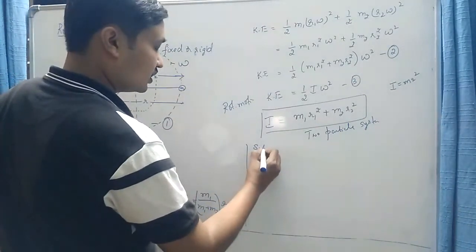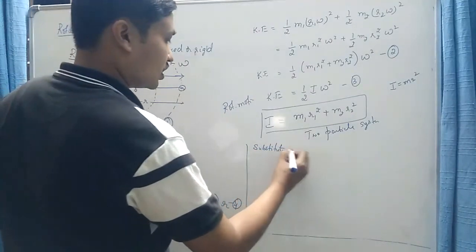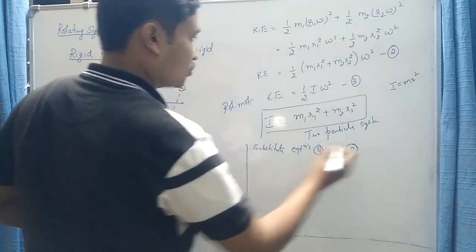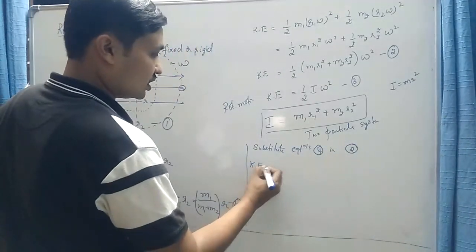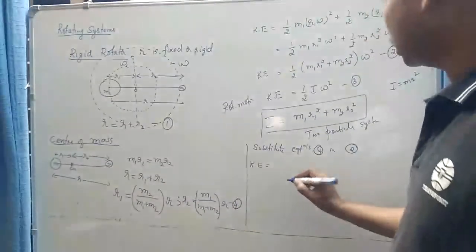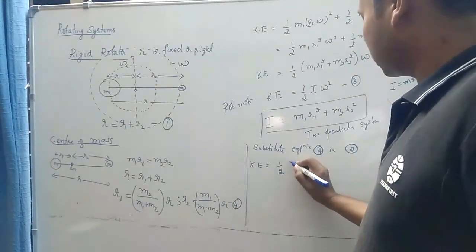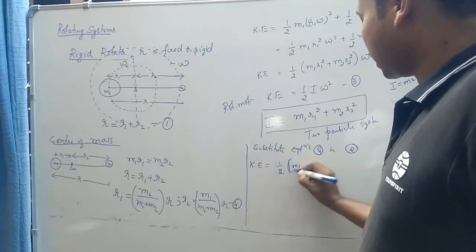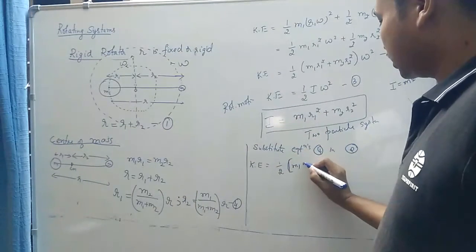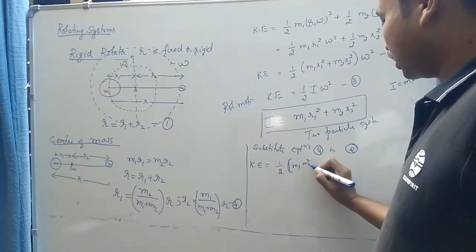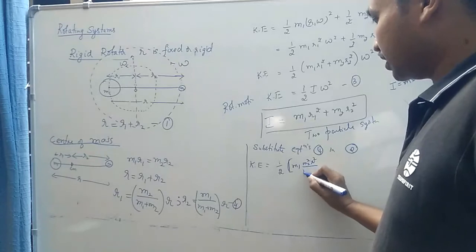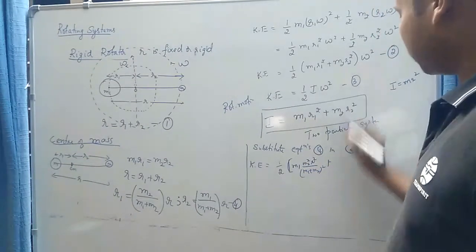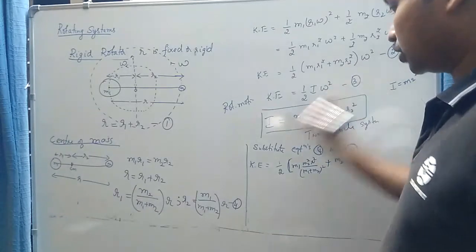If I substitute equation 4 in equation 2, then the kinetic energy is equal to half, m1 into r1 square, that is m2 square r square divided by m1 plus m2 square, plus m2 into r2 square.